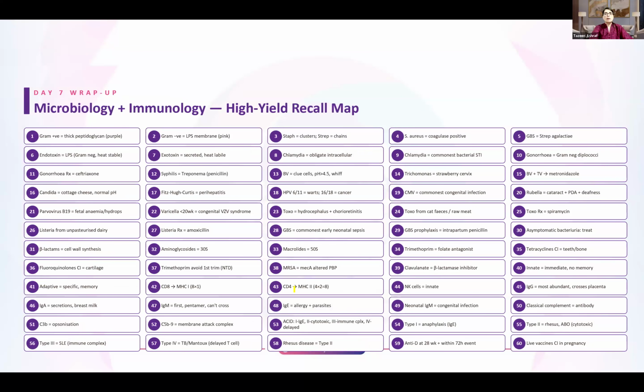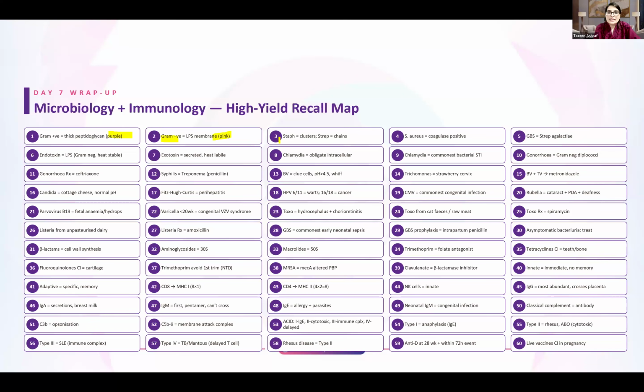So about microbiology and immunology, the high yield recap is: gram positive bacteria have thick peptidoglycan and stain purple. Gram negative bacteria have a lipopolysaccharide membrane and stain pink.